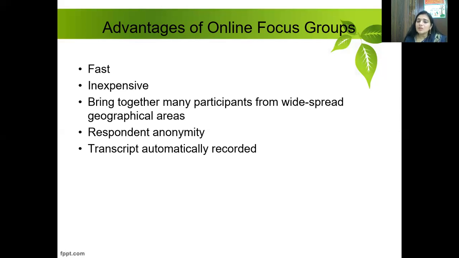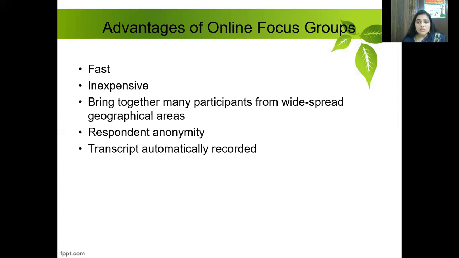Then it brings together many participants from widespread geographical areas. Yes, it's very inexpensive to ask people to participate, so that means you can invite people from around the world. Then respondent anonymity, yes, you can maintain that. You can ask people not to put their videos on, and not to put their names on, and they'll be just answering the question, right?